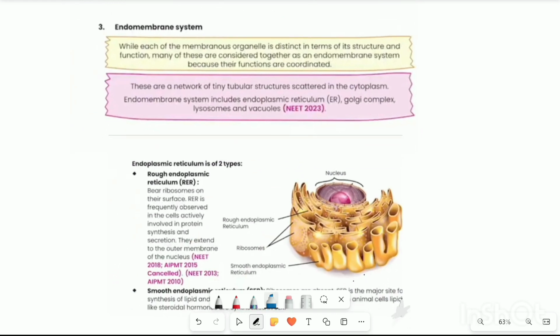Next is the endomembrane system. The endomembrane system consists of 4 organelles which are included.